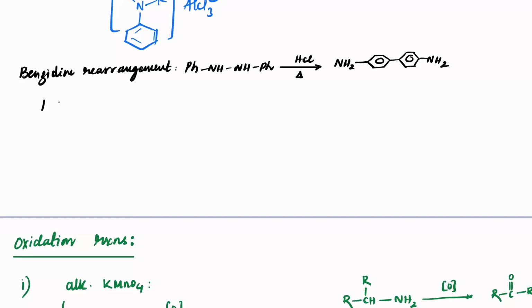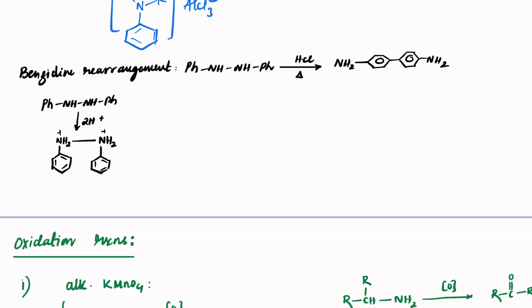See, if you have Ph, NH, NH, and Ph, that when you react with 2H plus, I'll write it in the structural form. So we will have these two connections here, NH2 plus, and here also I have NH2 plus, and these two are connected through benzene rings, like this and like this.